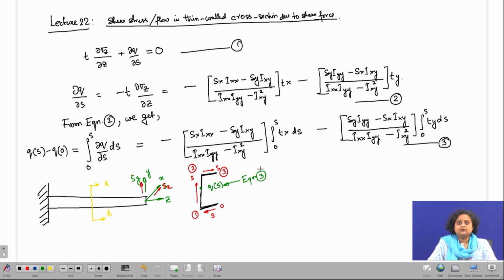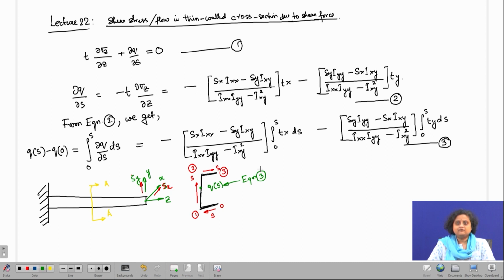Unlike the torsional problem, where we also evaluated the shear flow because of an applied torque, the essential difference between that shear flow and this shear flow is that for the torsional problem the shear flow was constant between any two junctions.